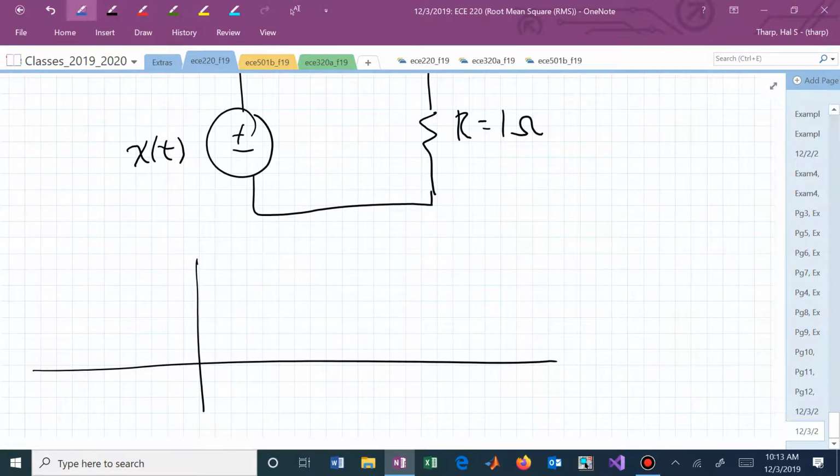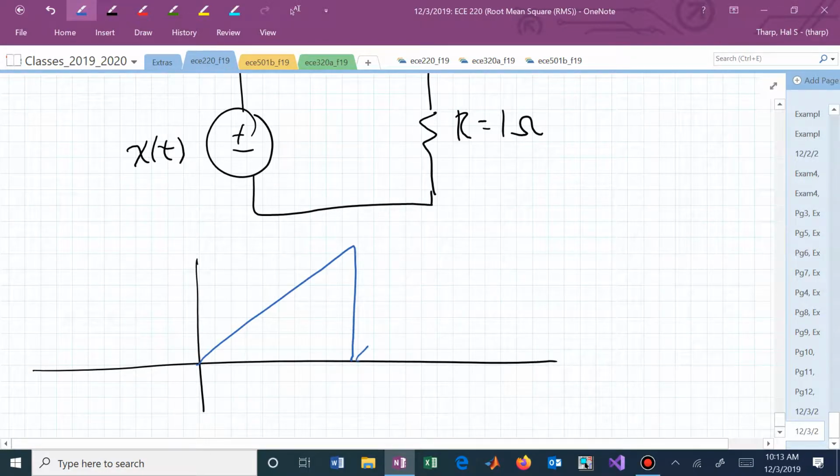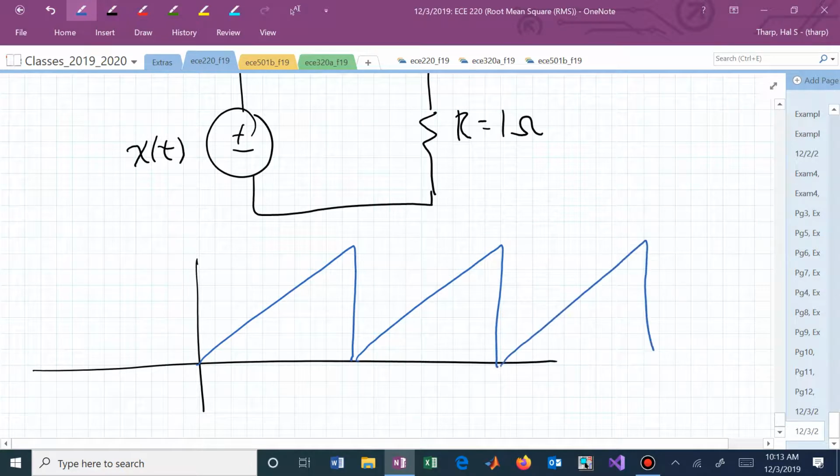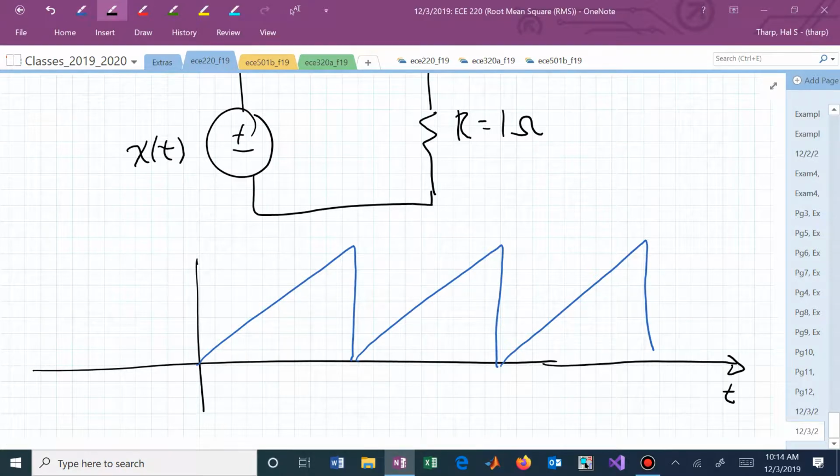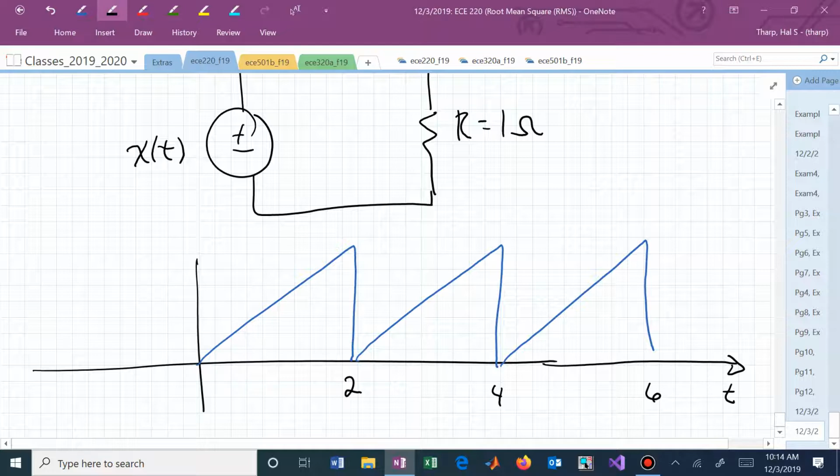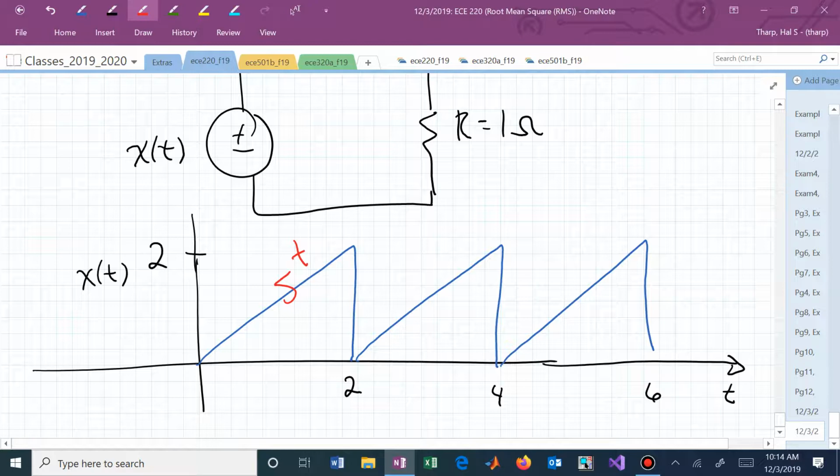It's a periodic waveform that's triangular. And it now, let's say, is going every 2 units of time, and let's just make the slope convenient, so now we have that slope as t.